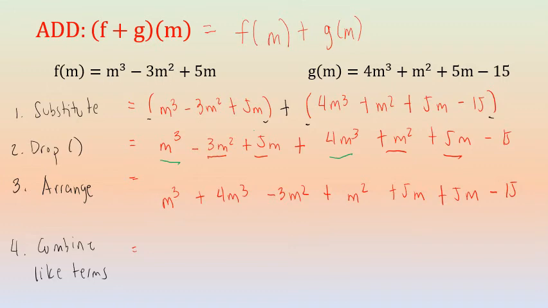Again, our like terms are the terms with the same base and exponent. So, we have here m cube plus 4m cube, like terms. Then, another like term, we have negative 3m squared and positive m squared. And, itong dalawang 5m. Yung constant natin, wala siyang like term. Isa lang kasi yung constant.